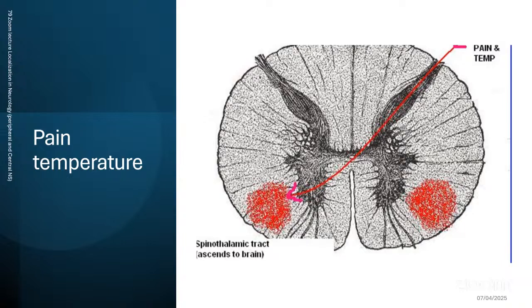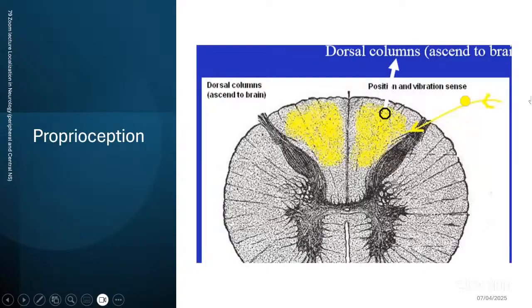All these nerves are carrying sensory information, and that sensory information enters the spinal cord. The superficial sensations cross to the other side and ascend to the brain through the spinothalamic tract. Similarly, the proprioception, this is the dorsal root ganglion, and the central process enters, and it doesn't cross, it ascends up on the same side.